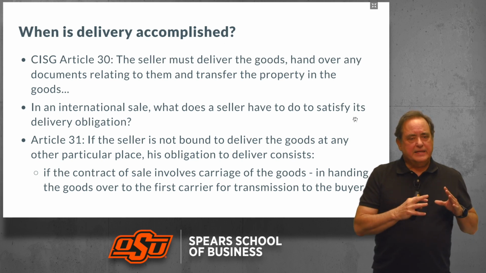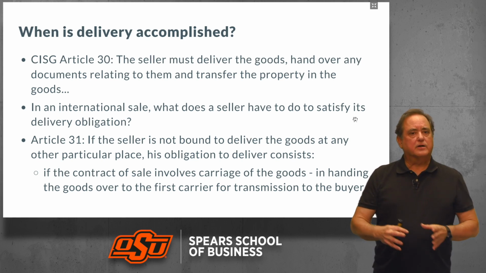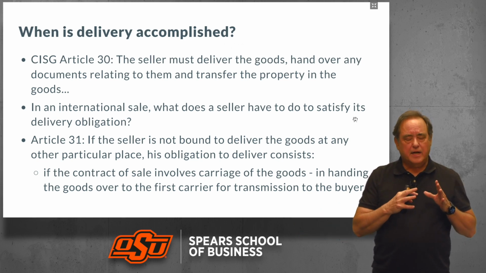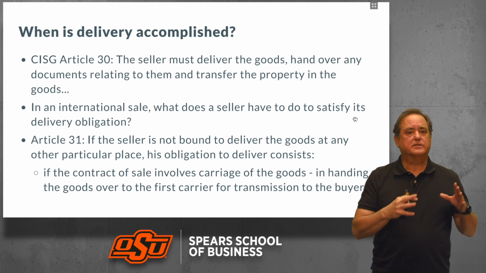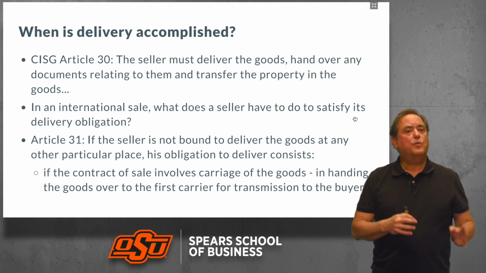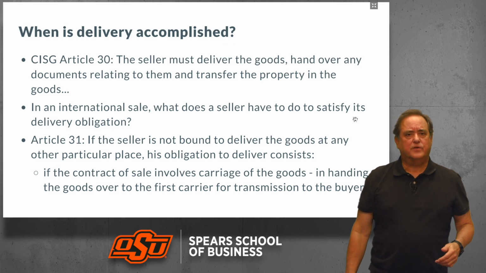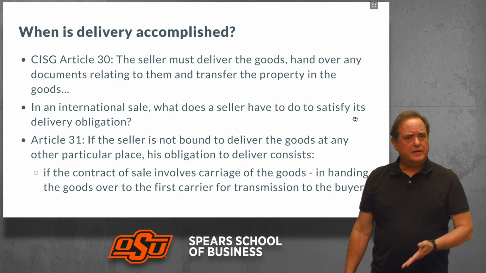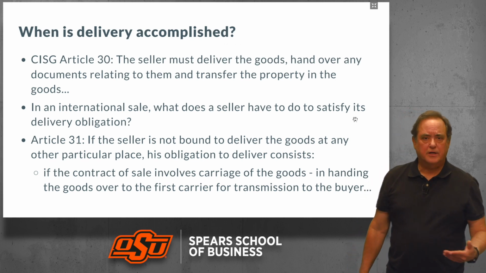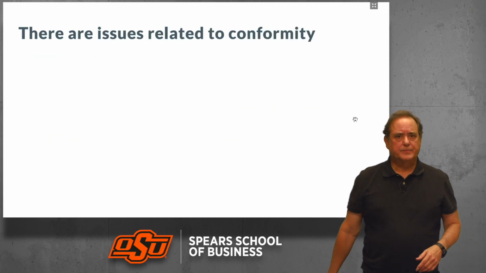It is just as if the seller delivered the goods to the buyer when it comes to legal responsibilities. So the seller accomplishes delivery when the goods are placed in the hands of the first carrier. Again, the parties can always decide for themselves when delivery occurs, but if it's not in the contract, then we look to Article 31: when the goods are placed in the hands of the first carrier.